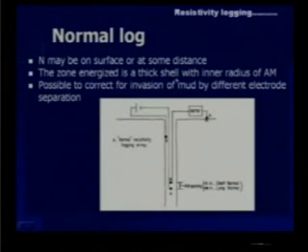In the first case, the normal logging method, one of the electrodes, the N electrode, is kept at the surface or at some distance from the other 2 electrodes, somewhere away at the top of the borehole, and the entire zone is energized as a thick cell with the presence of 2 electrodes A and M here.